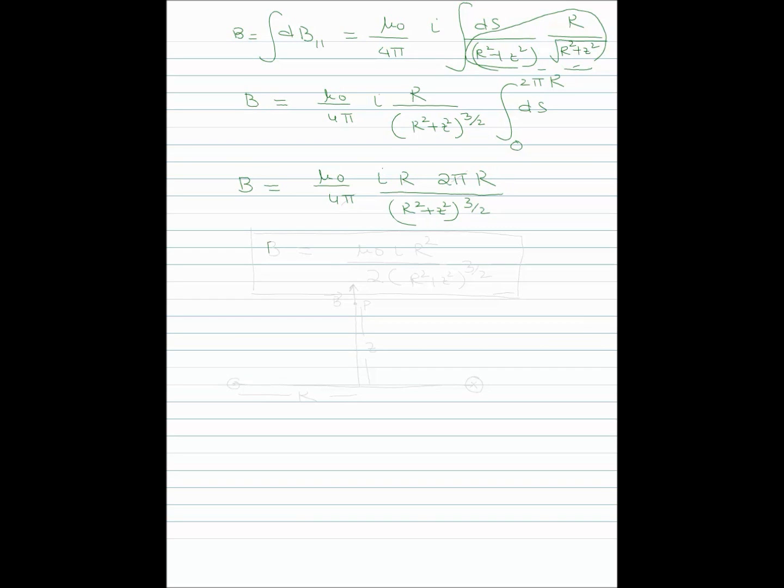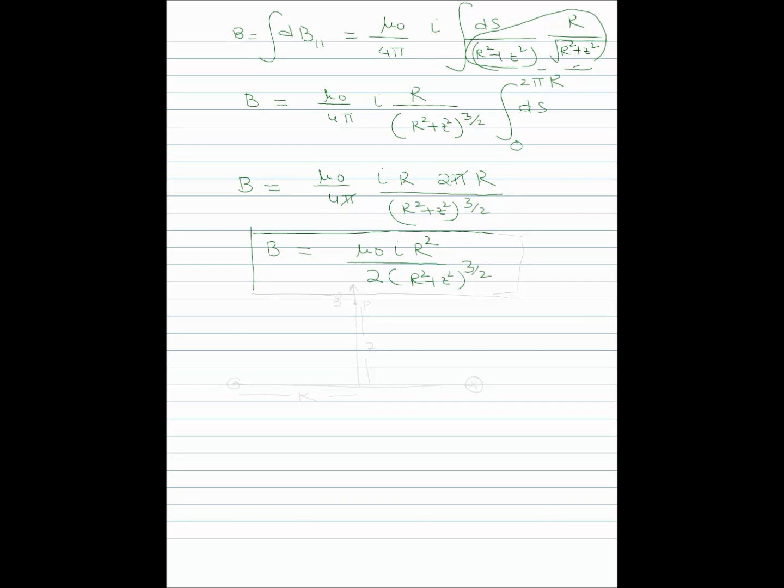In other words, we find that B is equal to mu 0, pi and pi get cancelled, 2 and 4 give us just 2 in the denominator, mu 0 I, this R and this R give us R square, divided by 2 times R square plus z square to the power 3 over 2.